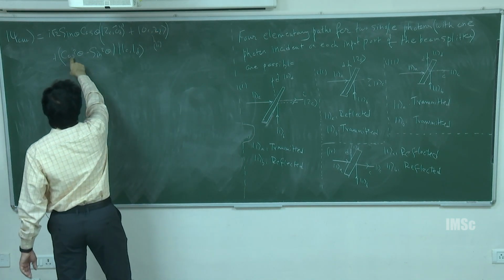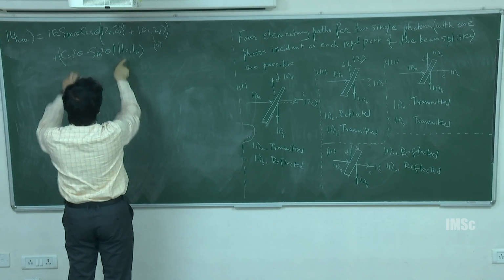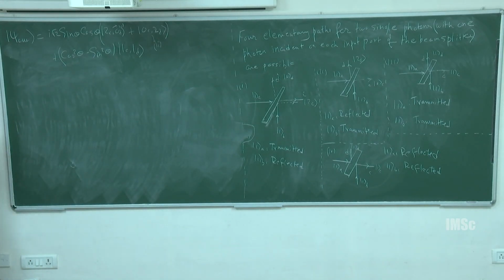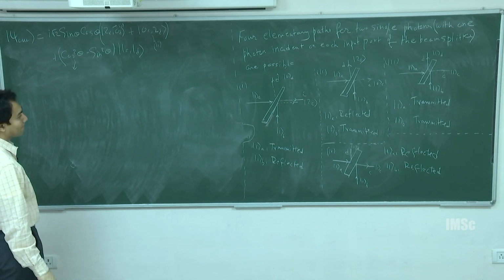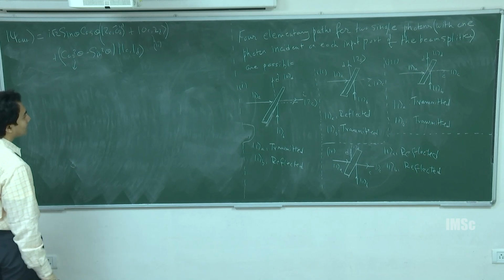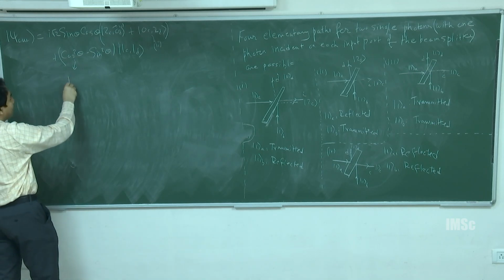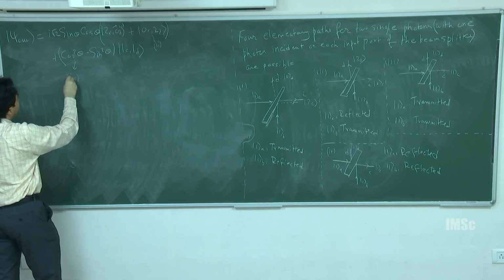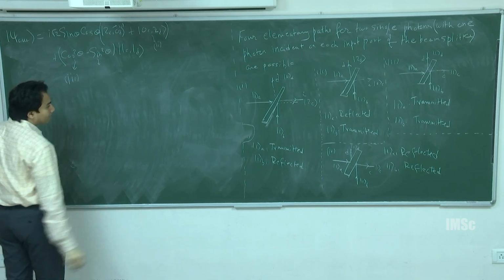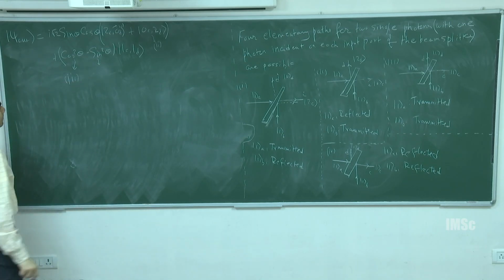What about cos square theta 1c 1d? Which one is this? The third one. So this should be the fourth one.